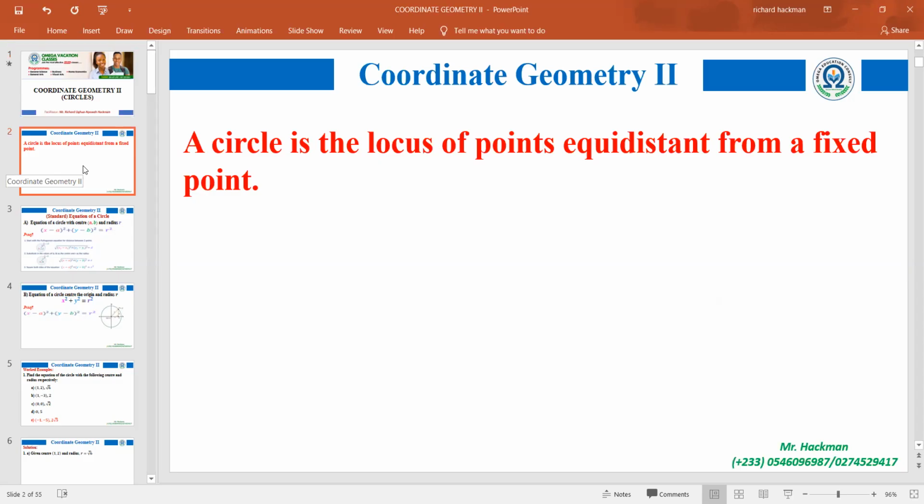Now quickly, in coordinate geometry 1, lines. When you are asked to find the equation of a line, what do you need? What basically do you need to find the equation of a line?